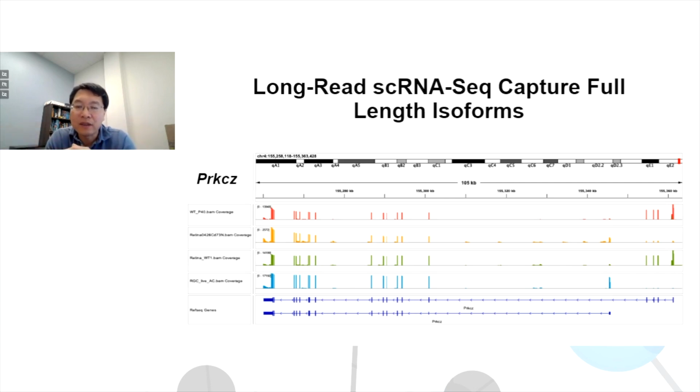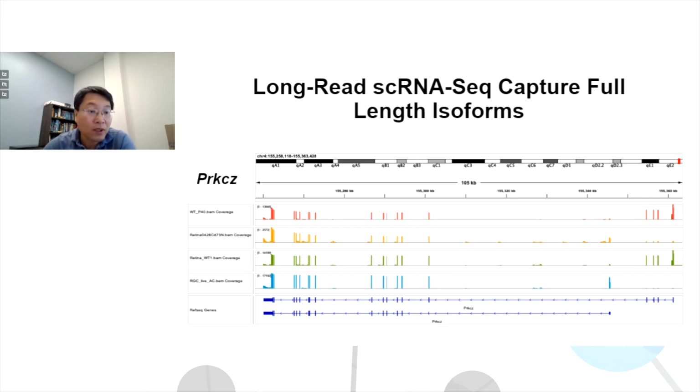So can the library made from the 10x standard flow capture the isoforms? This is one example: PCARKCZ is one of the marker genes for the rod bipolar cells, and has about 20 exons from the annotation, and you can clearly see there are two isoforms here. Basically the isoforms are captured, even the long one and short one are all captured by different data sets, but they seem to have different usage of these isoforms.